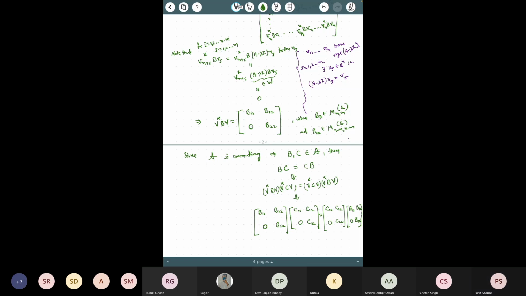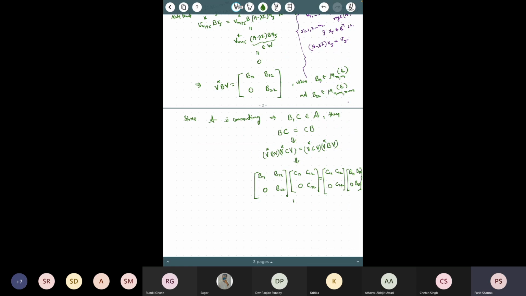Right. Now, since these two things are the same, if you compare left hand side and right hand side in this product, then this will imply that B11 C11 is equal to C11 B11, and B22 C22 is equal to C22 B22.